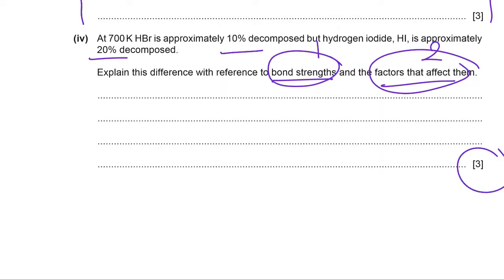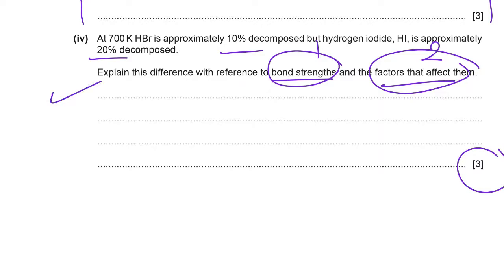So first of all, if you compare the bond strength of HI with HBr, you will see the amount of energy which is required to break the bond in HBr is more than the amount of energy which is required to break the covalent bond between H and I. This is 1 mark.